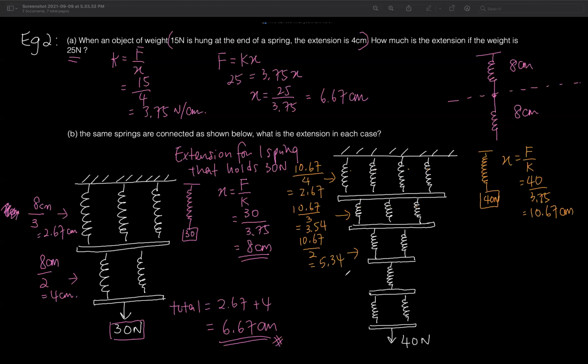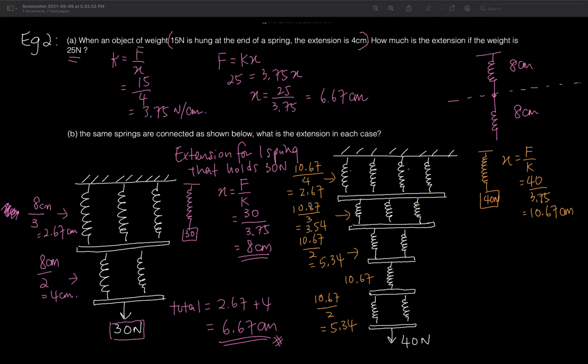This one only has 1, so just take the full extension, 10.67. The last one, 2 springs, 10.67 divided by 2, same as 5.34.